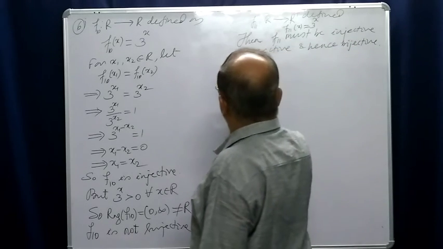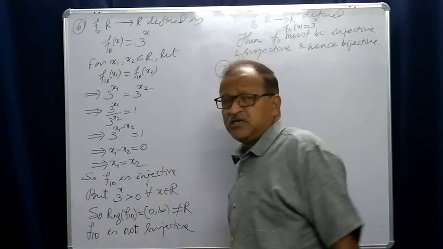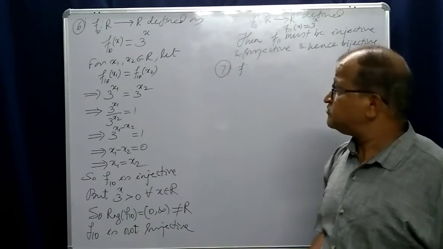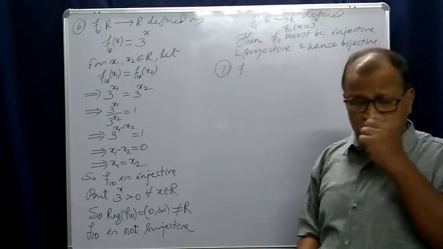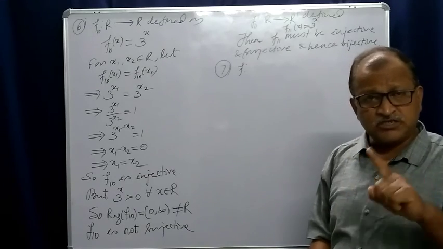Then we can discuss your logarithm function. What is its domain? It is not defined for negative numbers, and for 0 it is not defined.